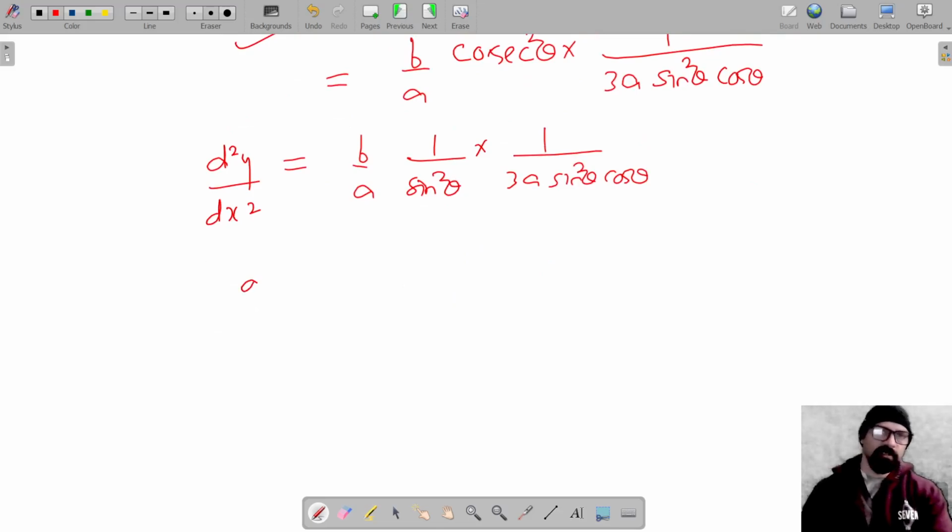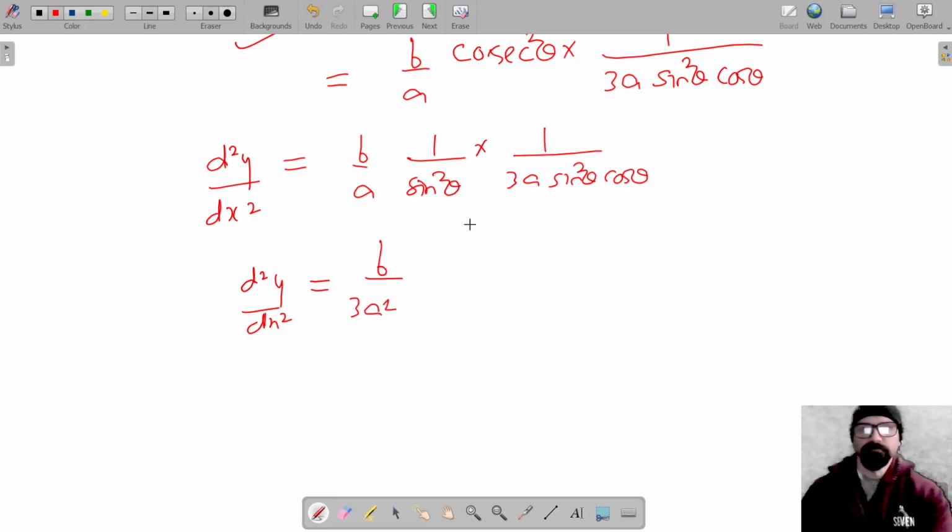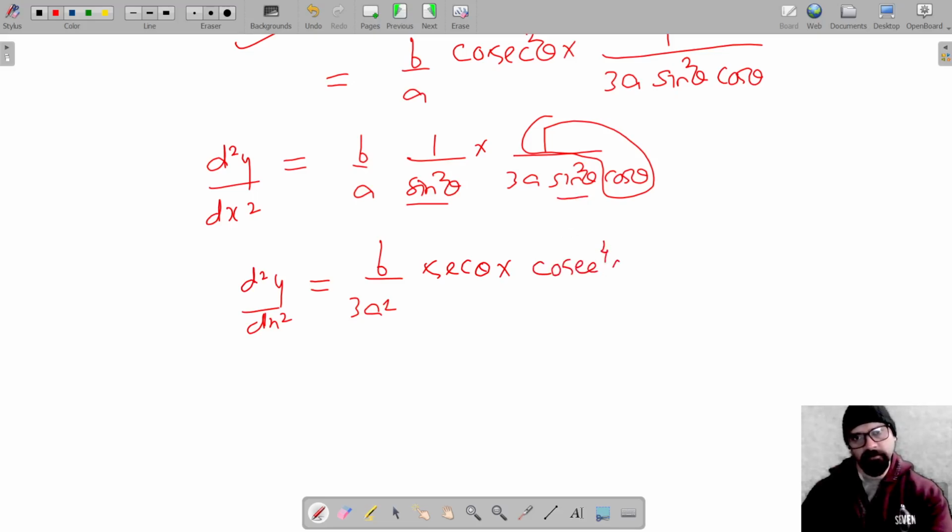And finally, the second order differentiation d square y by dx square is equal to b by 3a square, and I can write it as 1 by cos is secant theta into sine square is sine raised power 4 theta, so cosecant raised power 4 theta.